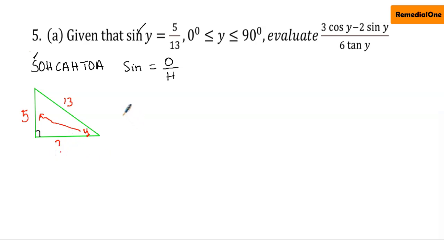For you to find your adjacent, we are going to use the Pythagoras theorem or the Pythagorean theorem, which states that the hypotenuse squared is equal to opposite squared plus adjacent squared.